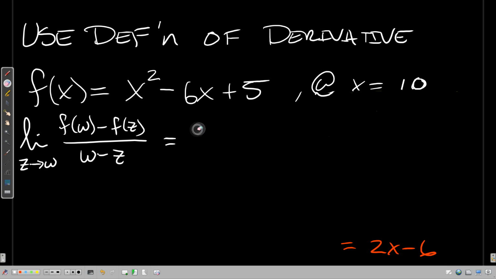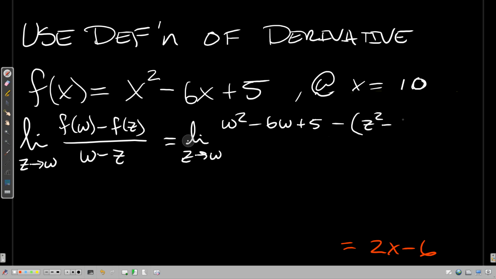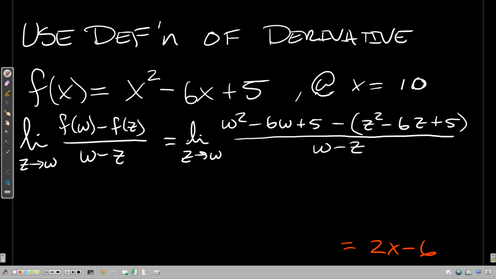So I'd have the limit as z goes to w of w squared minus 6w plus 5 minus (z squared minus 6z plus 5) over w minus z.